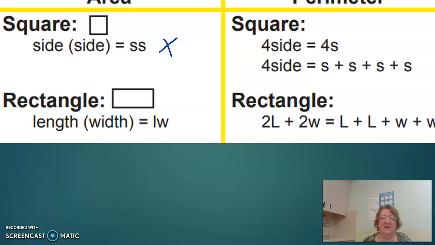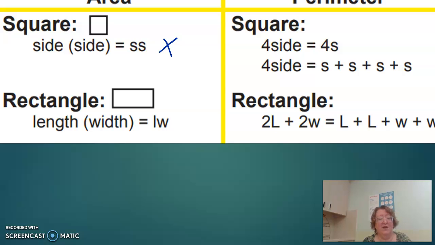So class, repeat after me. The area of a square equals side times side. Now with me, area of a square equals side times side. Now, when we get to rectangle, it's going to be length times width.